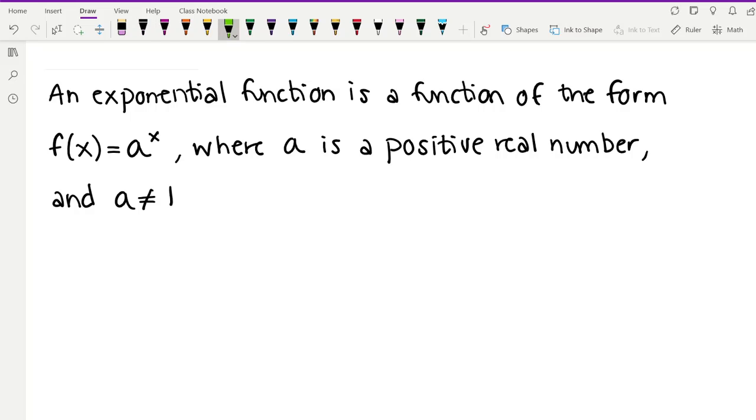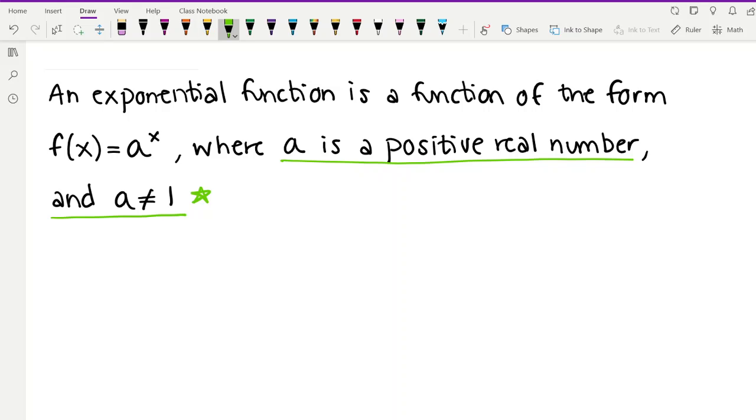So this idea about a being a positive real number and a cannot be equal to 1, we're going to come back to that. I'll make a note about that later on this page so we can understand why that restriction is there. But first, I just want to get a little more familiar with what an exponential function could look like.